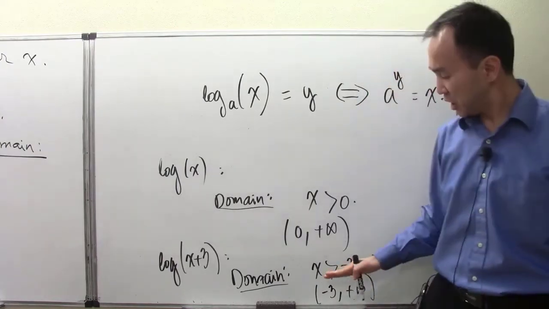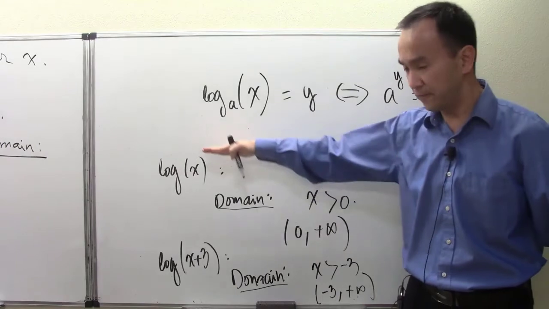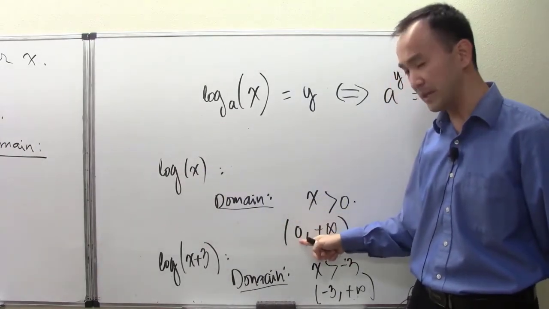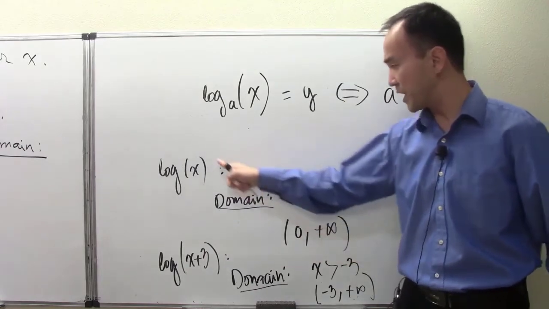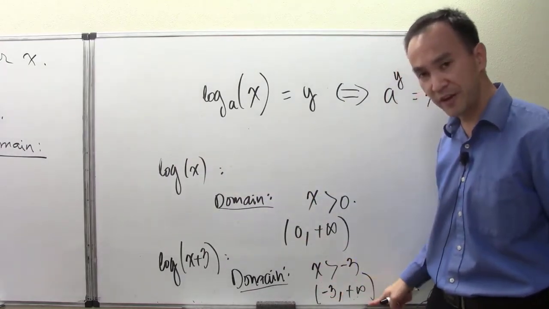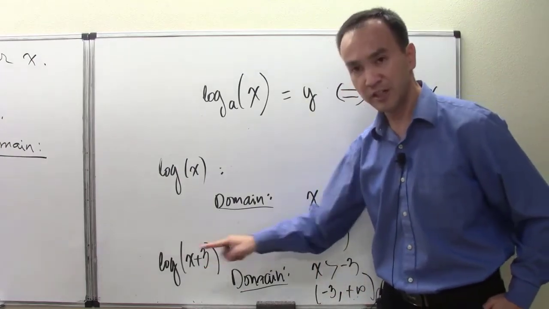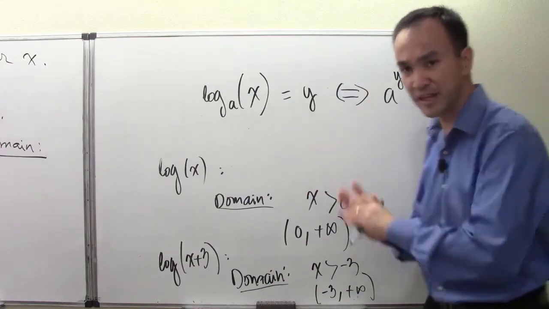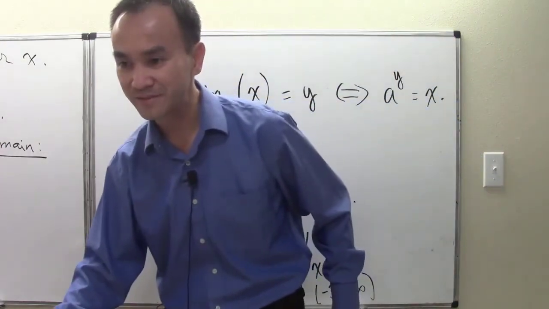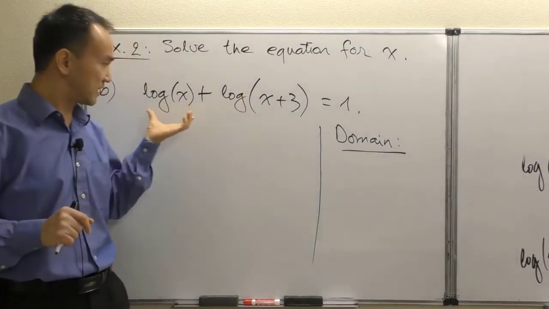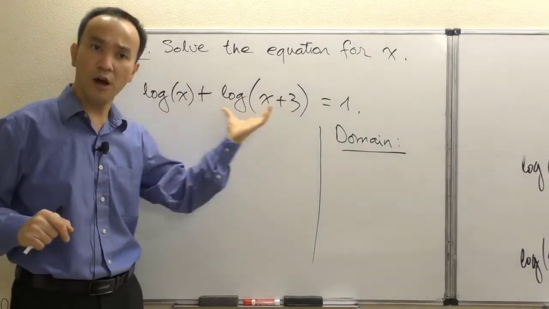All right, so each one of these is the domain for the corresponding term. The interval between 0 and infinity is the domain for this log term, and the interval between negative 3 and infinity is for that log term. But the problem now is our equation. Look at the left-hand side: it's a sum involving two log terms together.